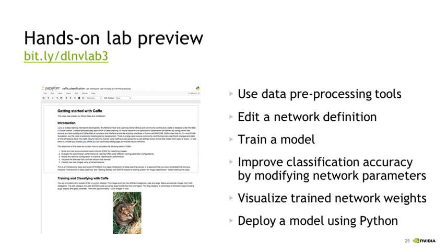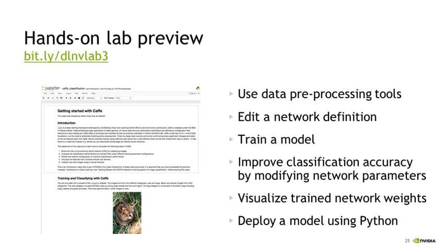In this lab, you're going to see the data pre-processing tools used from the command line to prepare an image data set for ingestion into Caffe. You're going to edit a network definition and solver file, and then train a model using the Caffe command line interface.